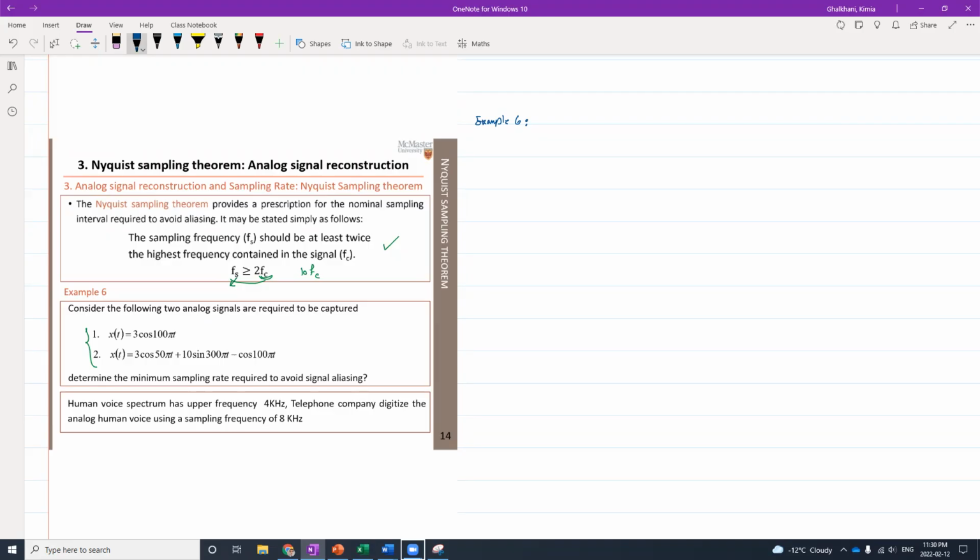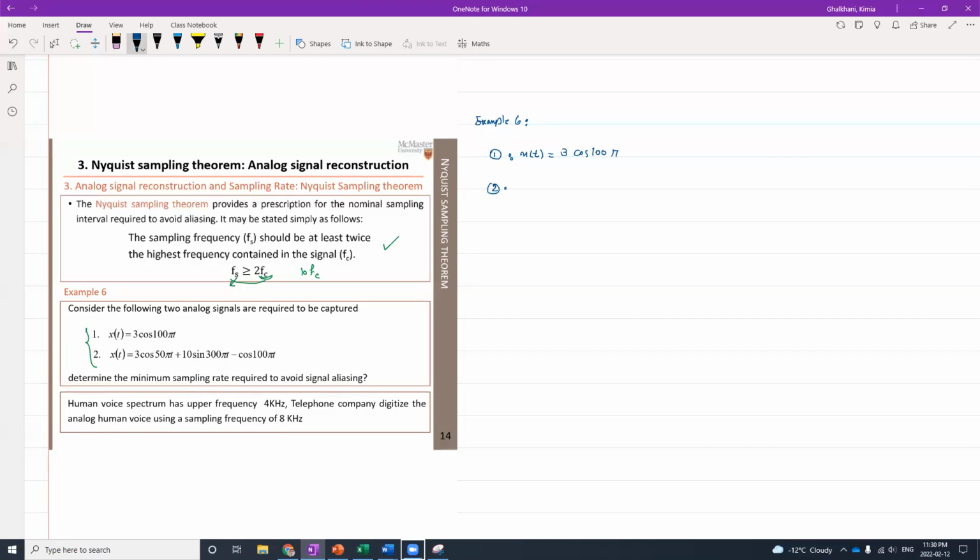Let's say the first one is x of t equal to 3 cos 100 pi t, right?